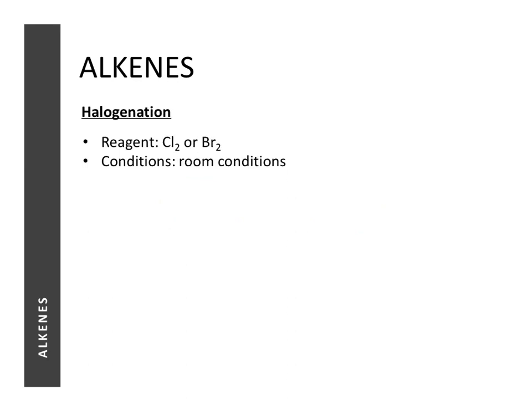Next we are going to look at halogenation, or in particular bromination. The conditions for this reaction are room conditions. Room conditions meaning you don't need any special condition. If you were to perform it under room conditions, the reaction will take place.